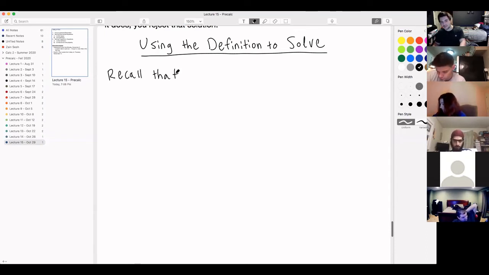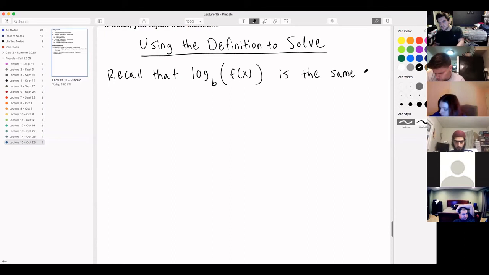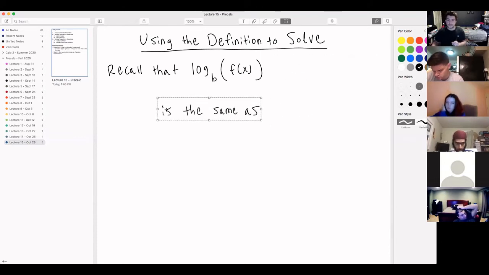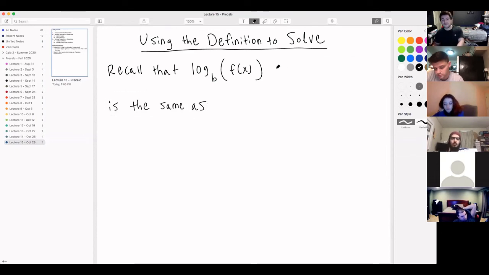Recall that log base b of f of x equaling c is the same as, remember when we convert from log to exponential form, b to the c is equal to f of x.